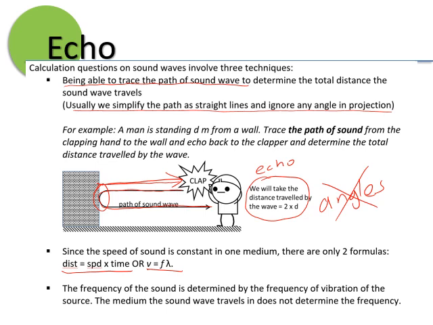Okay, now one thing that all of you should always try to take note of, and this also applies to many of your wave questions or even light questions: frequency usually is constant, depending on the vibration of the source. The medium does not determine the frequency.